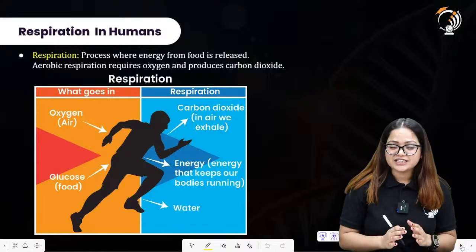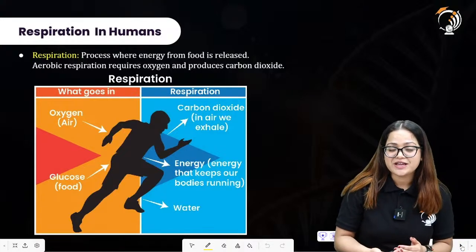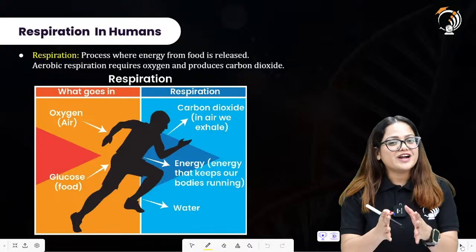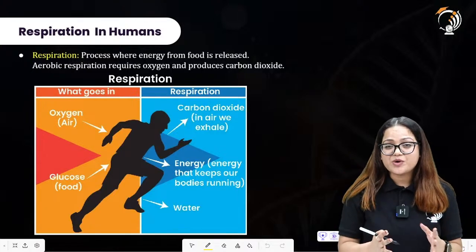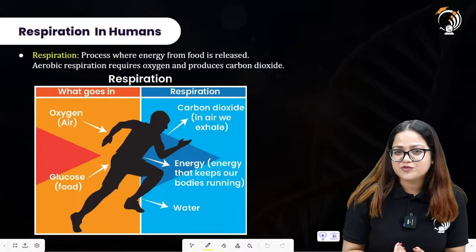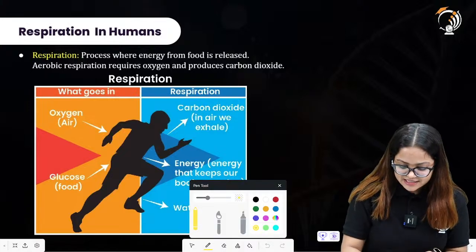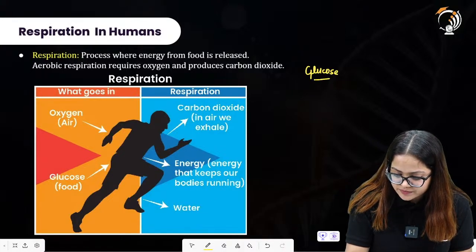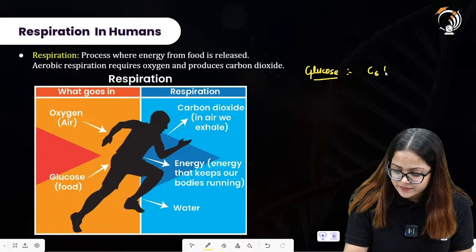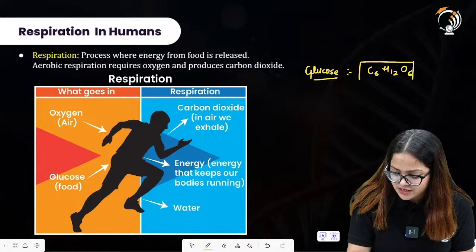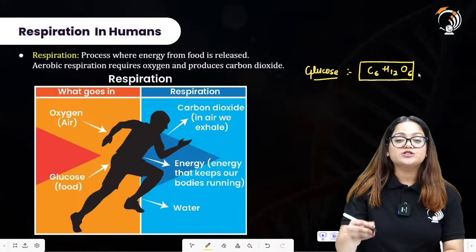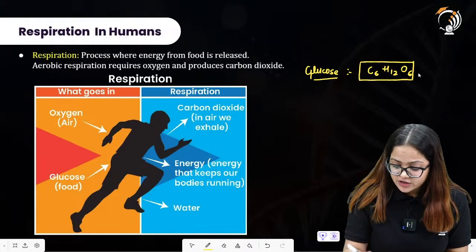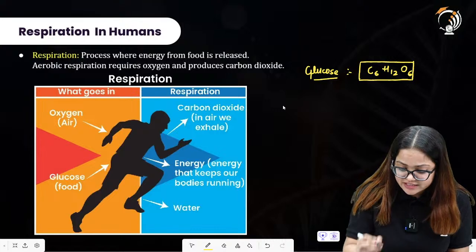Now, what is respiration particularly? It is that you are going to obtain energy which is stored in the chemical bonds of a carbohydrate. And what is that carbohydrate that we are getting from the food that we eat? That is glucose. And how do we represent glucose? That is C6H12O6. Alright, so this is going to be our reactant, so we are writing it on the left hand side of this reaction.